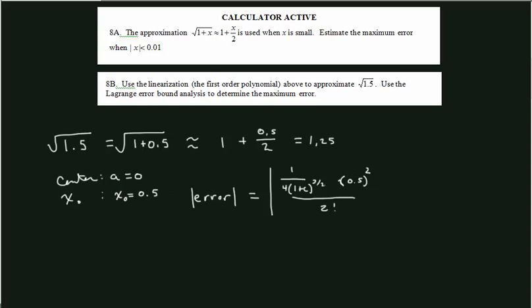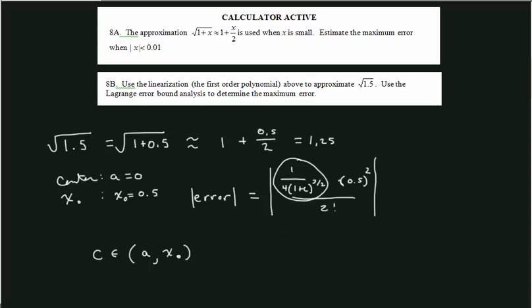So with an x naught, we don't use x in this expression, we actually plug in our x naught value. Here's the key now. C has to be an element of a to x naught. You can't exceed x naught. So this expression here gets bounded differently because c cannot exceed 0.5, nor can it go below 0.